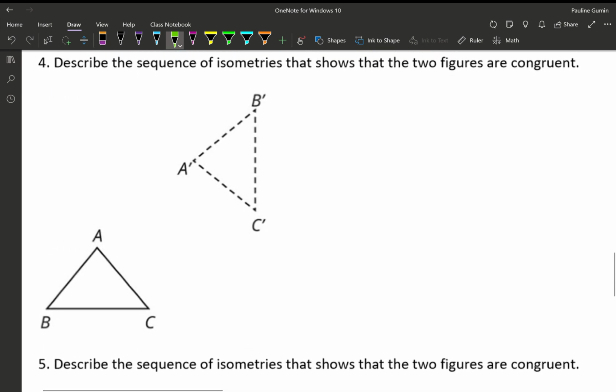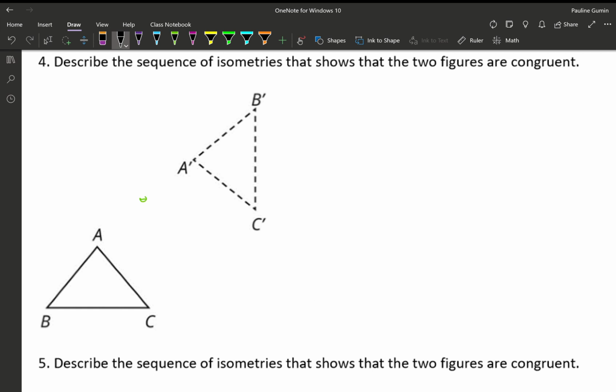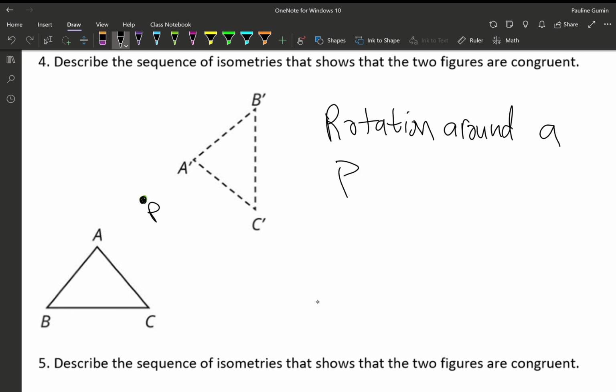Next, we have this one. Okay, so this is what I see. First thing that we can kind of imagine, if there was a point P here, is that we rotated it. We can also imagine moving it, let's say, to the right and then rotating it.